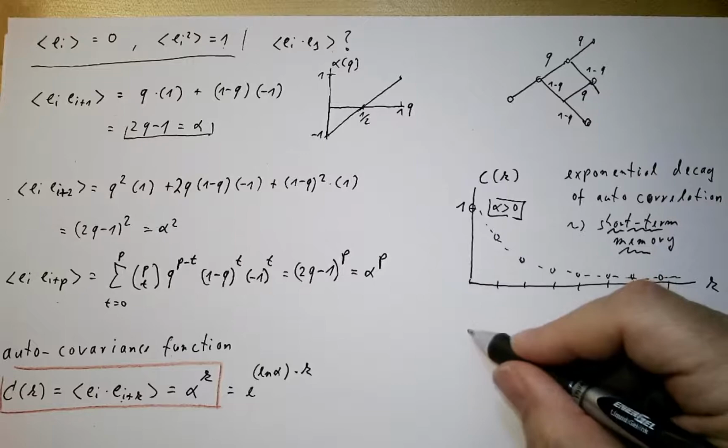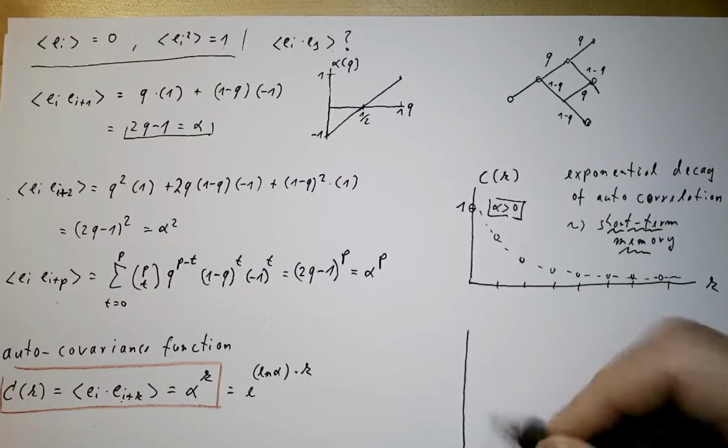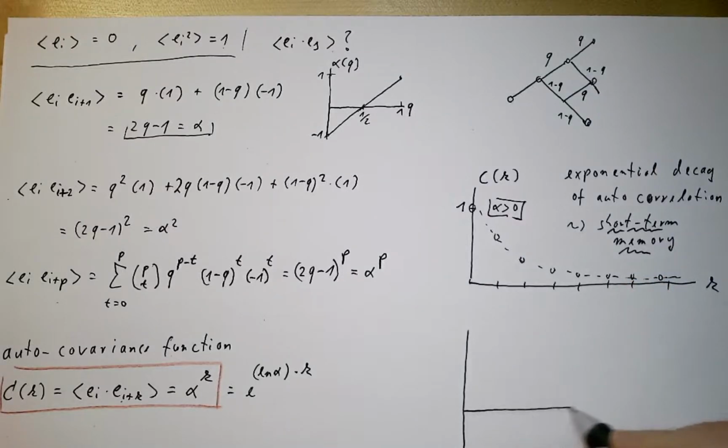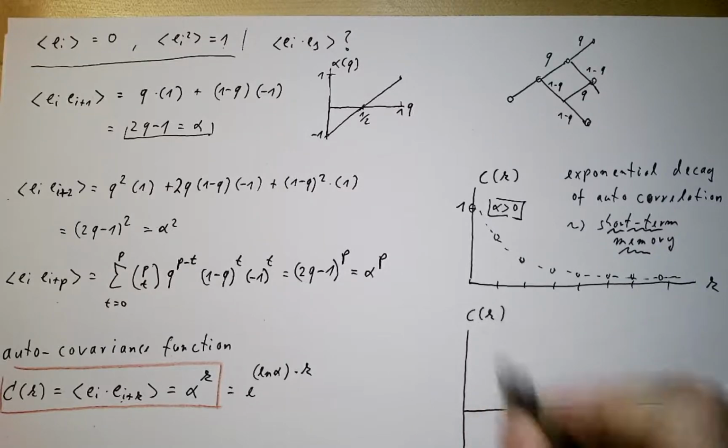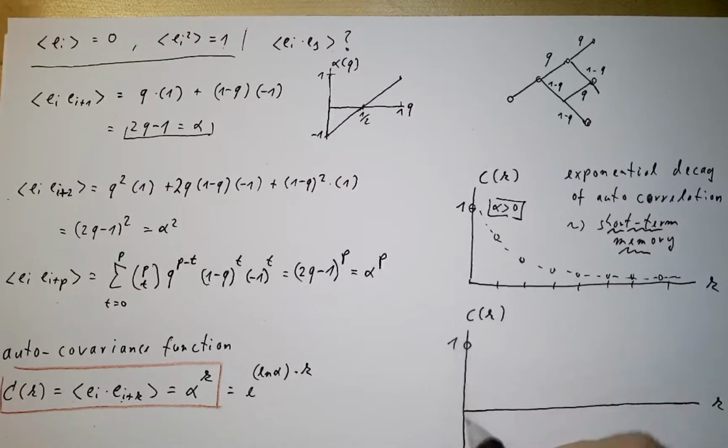So let's plot this for negative alpha. Again, here we have the time difference k. We plot our autocorrelation function. We start again at 1 at k equal 0.